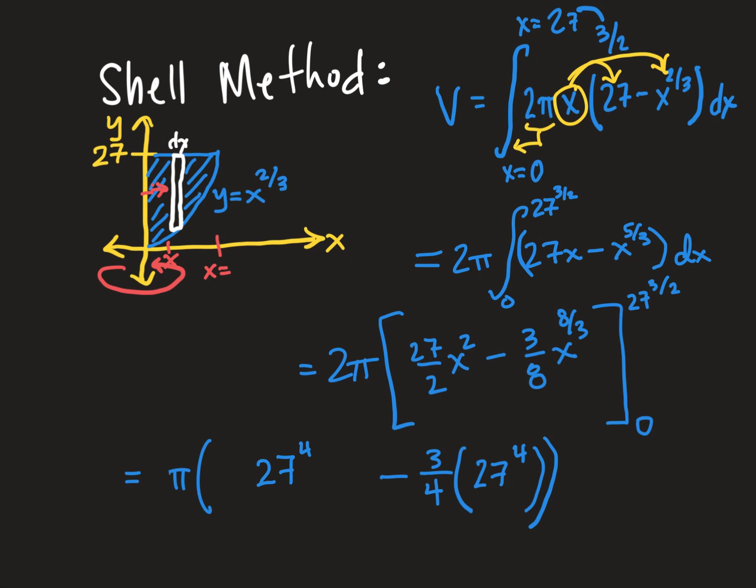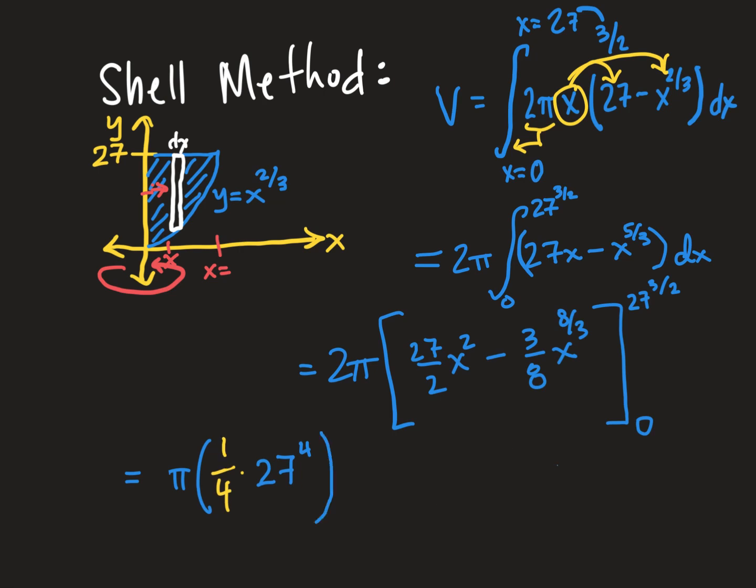So then the next thing that I'm going to do is mentally do a little fraction math. If I have 1 times 27 to the fourth there, that's equal to 4/4 of 27 to the fourth. So when I subtract 3/4 from 4/4, I'm going to have 1/4 of 27 to the fourth power. And I'm going to clean that up, and we're going to be so close.